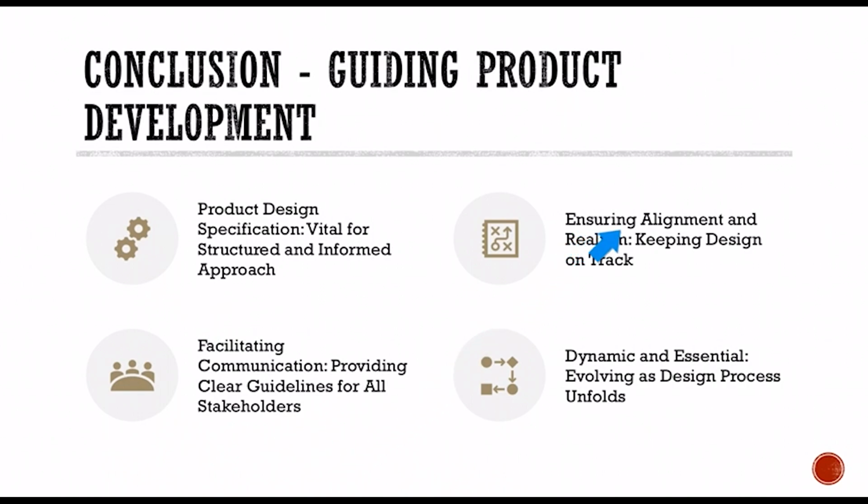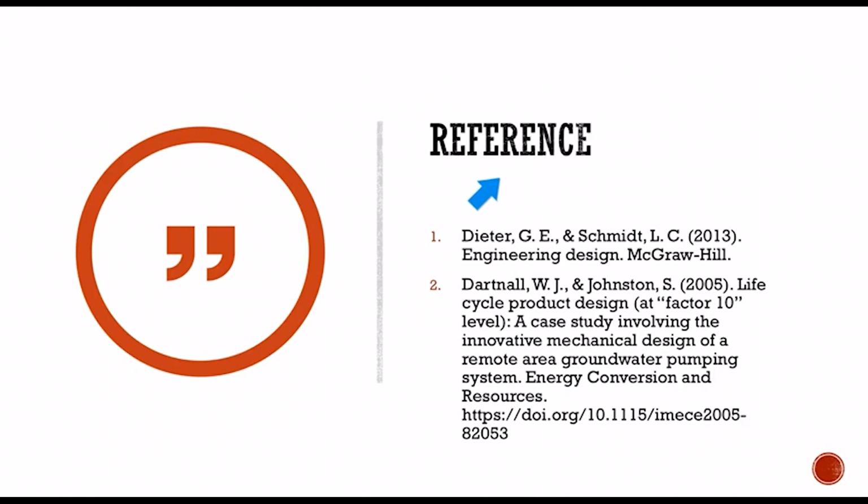The third is ensuring alignment and realism, keeping the design on track. And last, PDS is dynamic and essential because the design process is usually adapted from the early design stage to the final design stage. Usually the design will evolve with the requirements. So that's all.